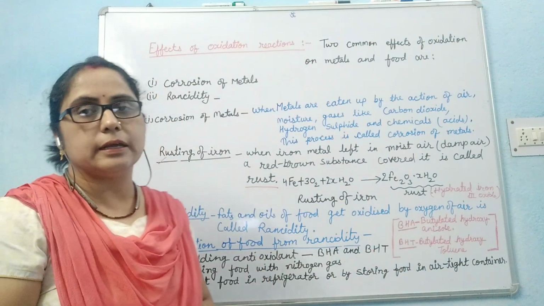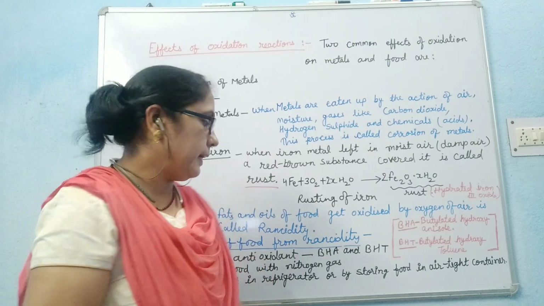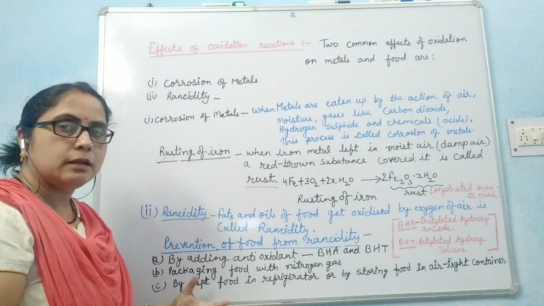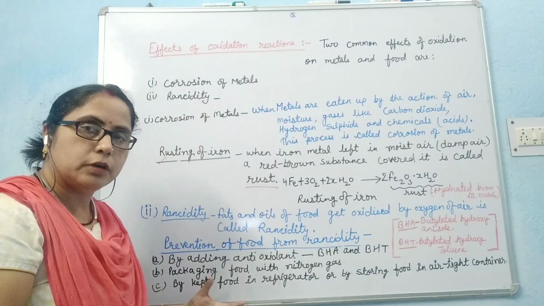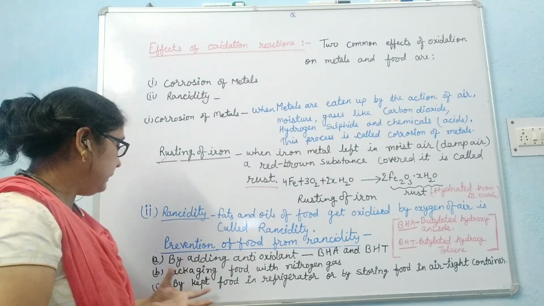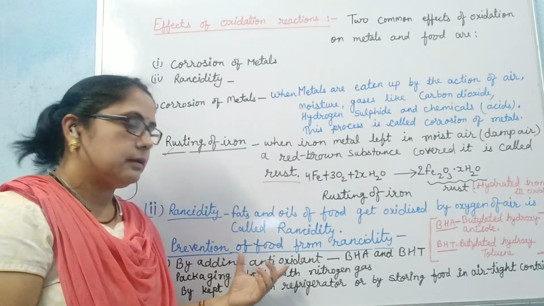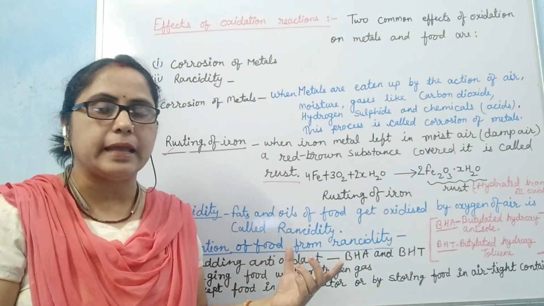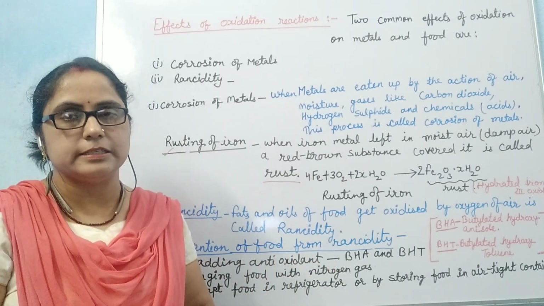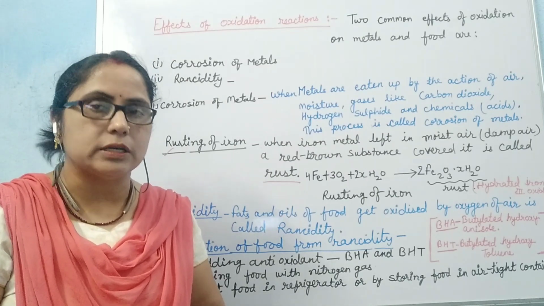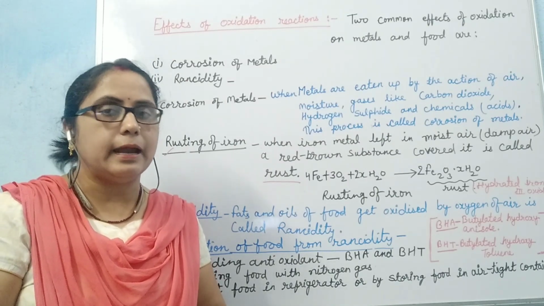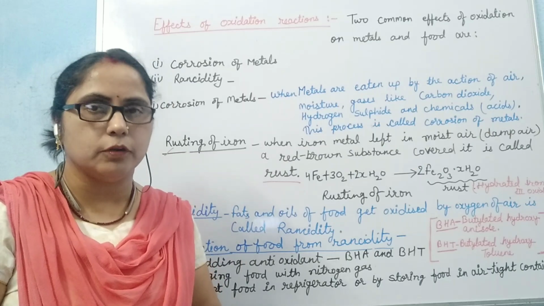How can we prevent rancidity? There are two or three ways given here by which we can prevent food material from rancidity. First one is by adding antioxidants. Antioxidants may be chemicals or substances which prevent the oxidation of fats and oils present in the food.